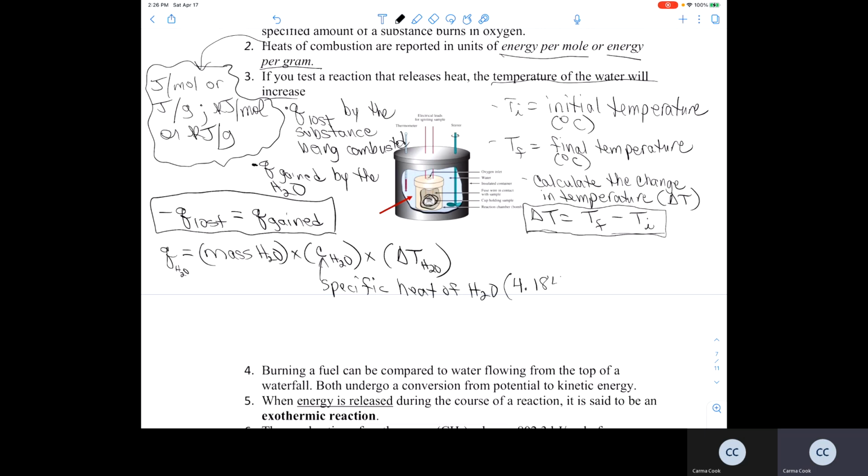Water has a specific heat of 4.184 joules per gram degree Celsius.